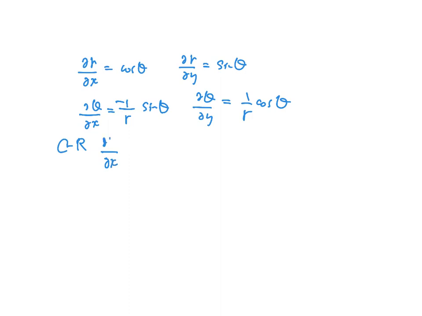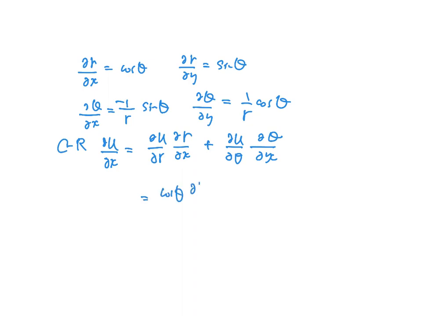Partial u partial x is simply partial u partial r times partial r partial x, plus partial u partial theta times partial theta partial x, right? So this is cosine theta partial u partial r minus 1 over r sine theta partial u partial theta, right?